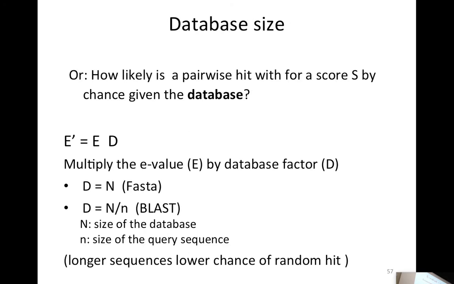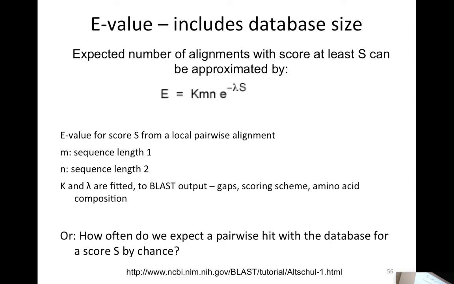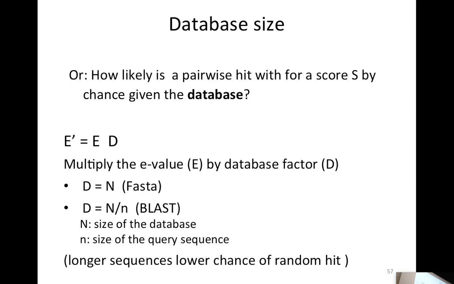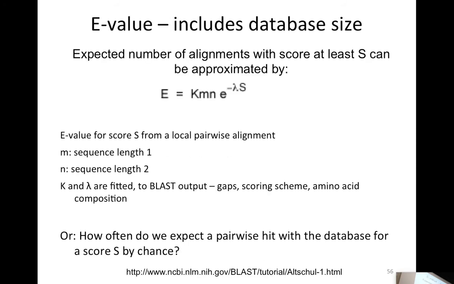Now we need to transform this, so approximately your expected number is this E here from this extreme value distribution times your database size, where for the database size you may also take the query sequence into account. So finally you can calculate an E-value like this, taking this formula, which is basically fitted, for a given score, which is this S. This S is the score of the alignments.